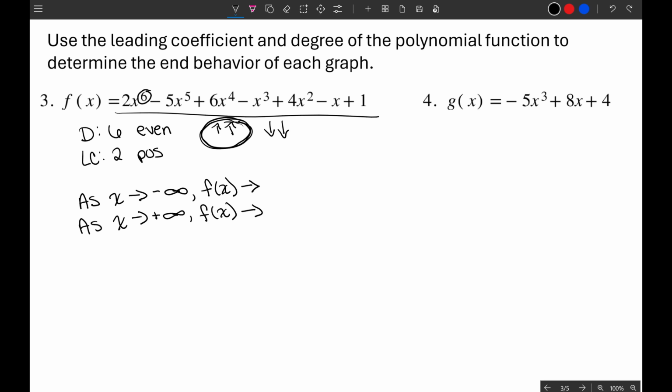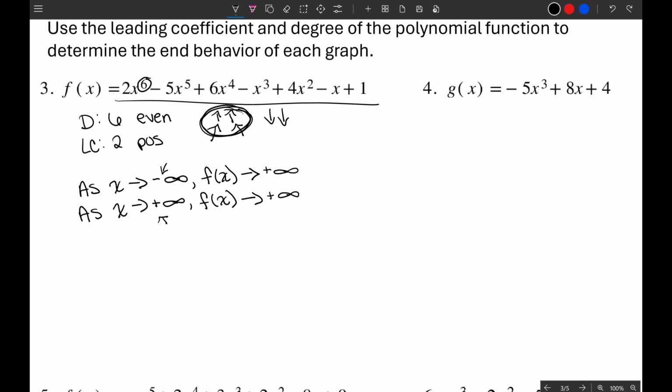This statement stays the same. It is not changing. The only thing that changes is what your y value is doing. You can think of this as the left side and this as the right side. On the left side, we are going up, so the y values are getting more positive. On the right side, again, going up, getting more positive.